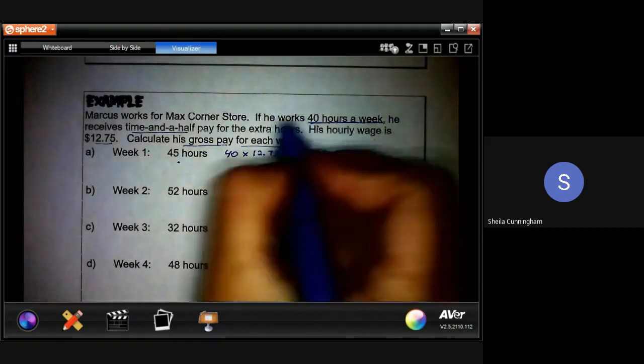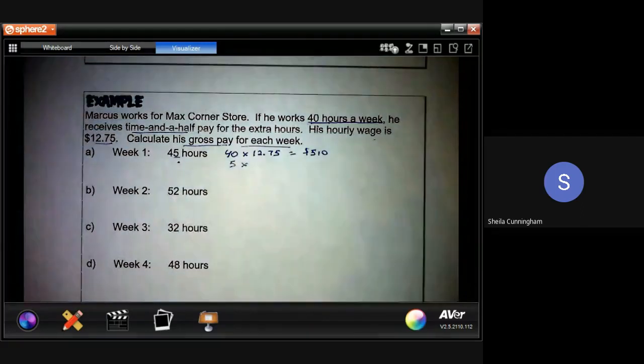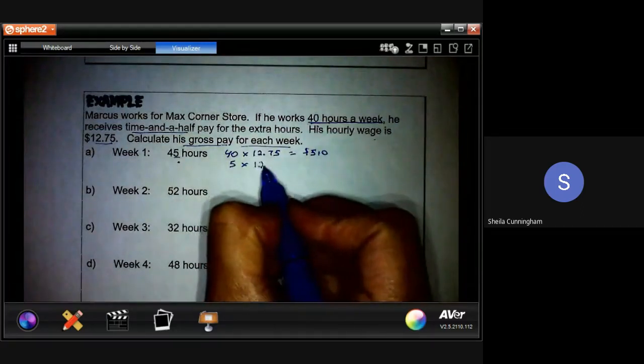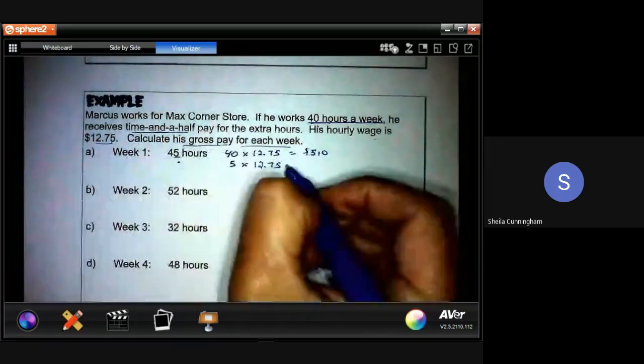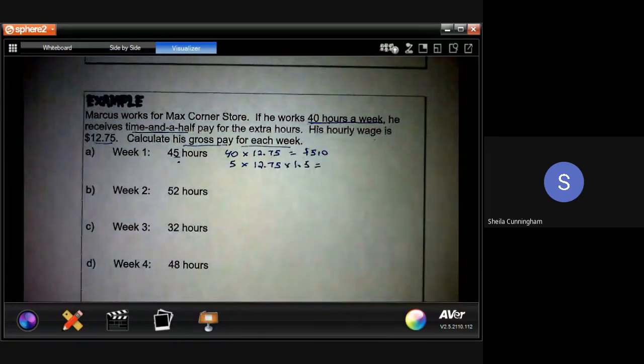Now, he actually worked an extra 5 hours. So for the 5 hours, we have to multiply his hourly wage of $12.75 by 1.5, and he had 5 of those hours.